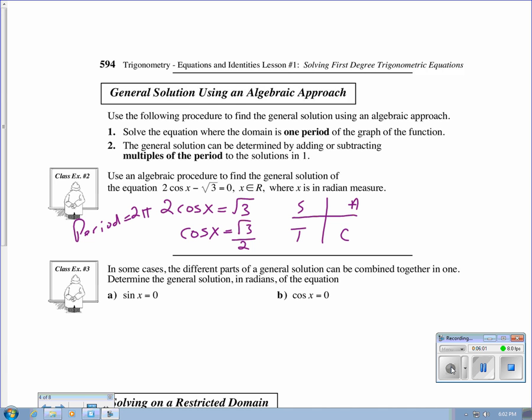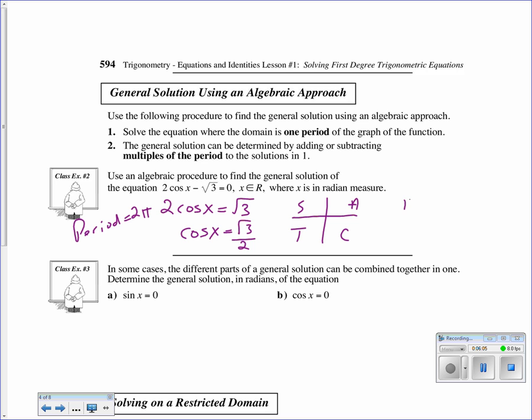So coming from my unit circle, I should recognize that as pi over 6. So that's pi over 6 in quadrant number 1, which I can add 2 pi times n to. And then I need that difference angle in quadrant number 4, which would be 11 pi over 6 from your unit circle plus 2 pi times n.